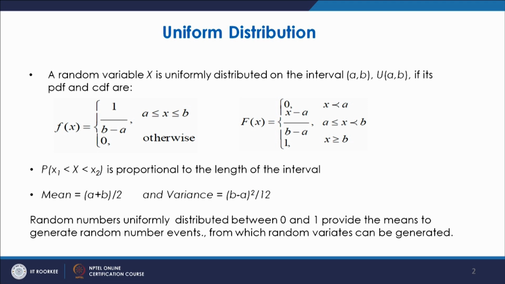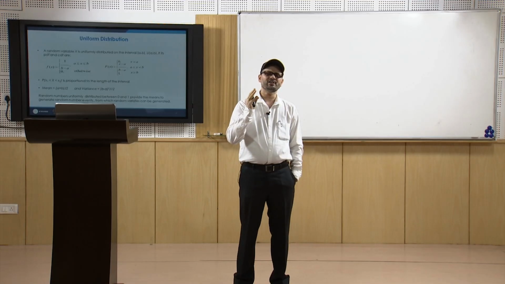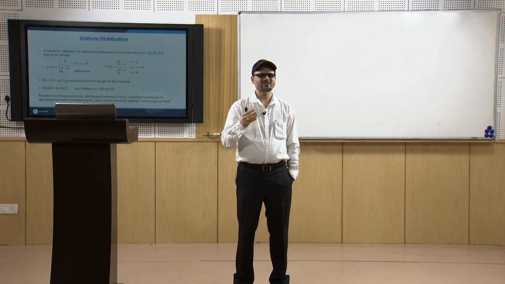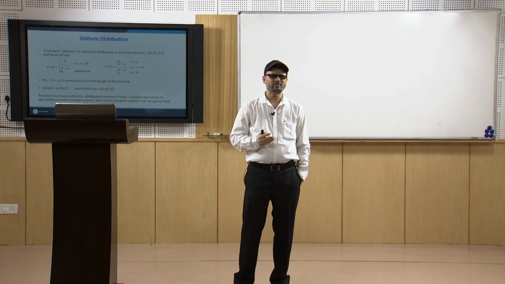As the name indicates, it is uniformly distributed in the interval a to b. You have the extreme values a and b. The probability of having any value between a and b will be there, whereas outside that the probability will be 0.